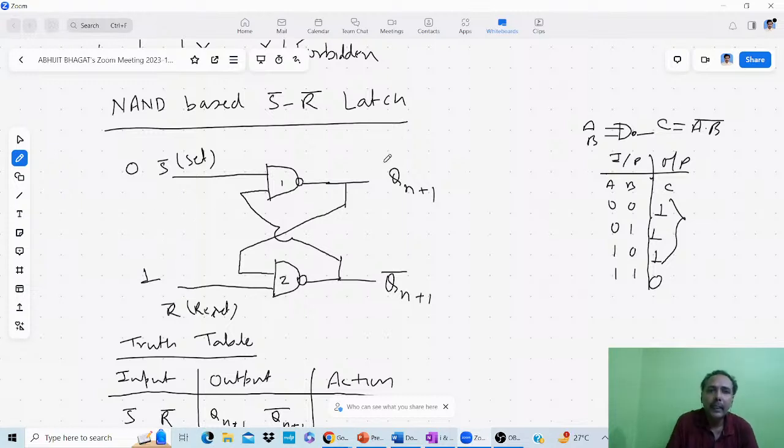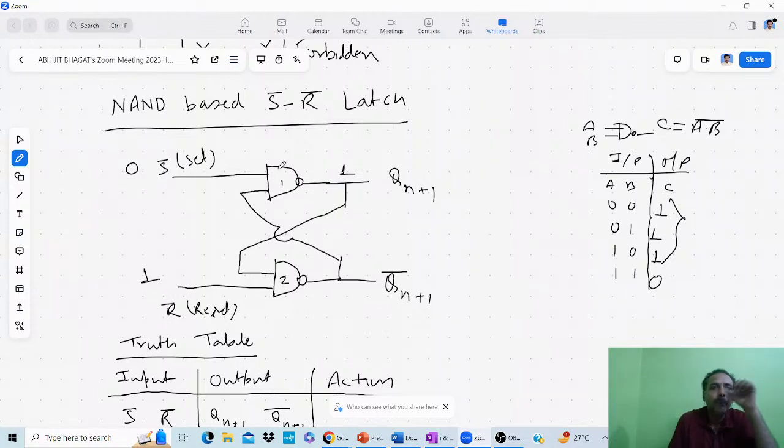So here 0 1, so if S is 0, this is 0. For this gate you can see this is 0, so whatever the input across the other terminal, the output will be 1, because if any one input of the gate is 0, your output will be 1.